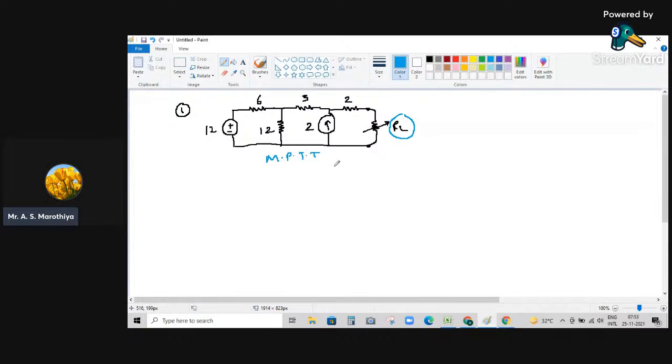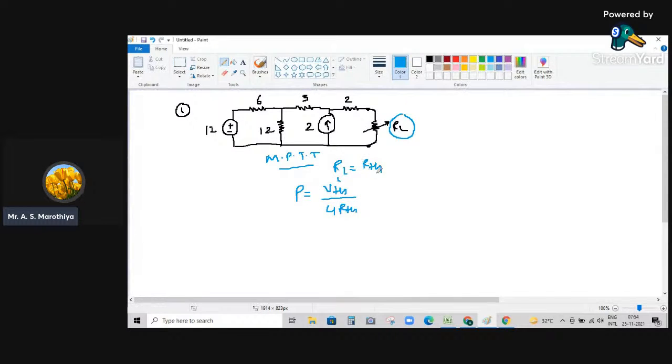So how to find this? Again, we need to apply the same logic to find the maximum value of power which this particular load is going to receive from this entire network. That is possible only when the value of this RL is equal to RTH. And the maximum power is nothing but VTH square divided by 4 times RTH.